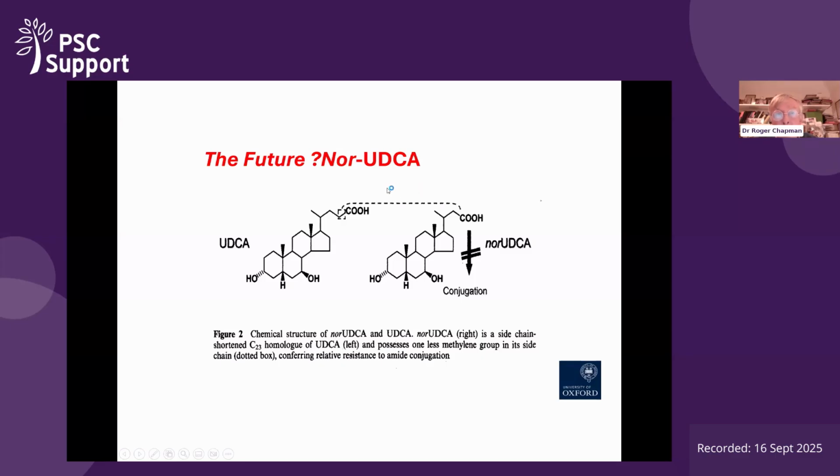They gave Norurso for almost 3 years, not quite 3 years, and they had liver biopsies before and afterwards. They had a control group of PSC patients who had placebo.